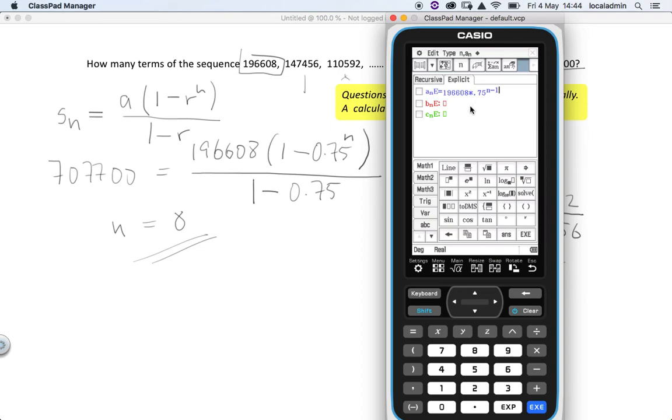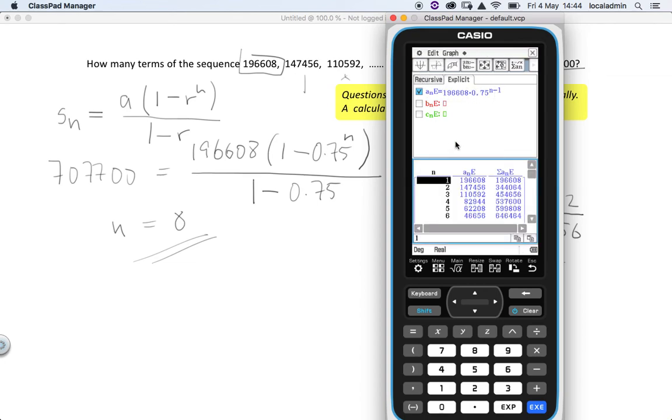So that's a generic one. We only need to know two pieces of information, a and r. Everything else stays the same. When we hit execute, we get a tick, meaning that this is our input. Then we generate the sequence, and we have made sure that the sum column is also displayed.